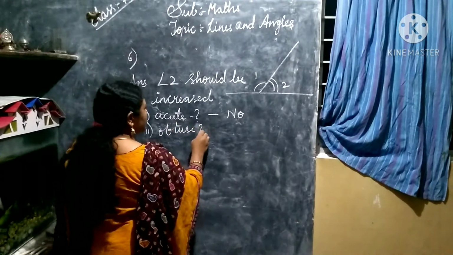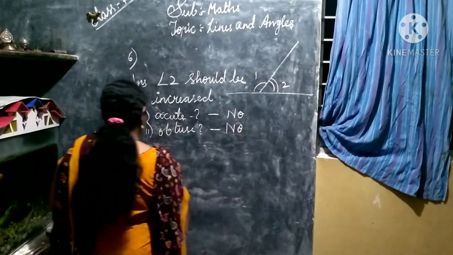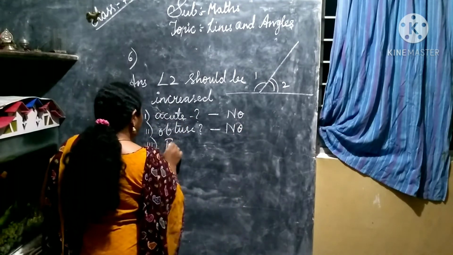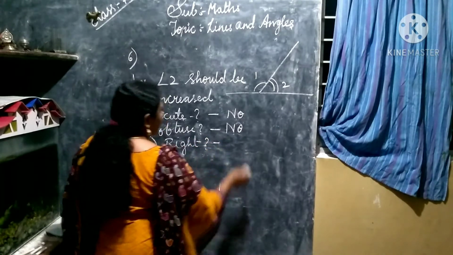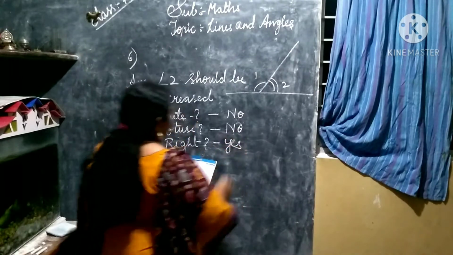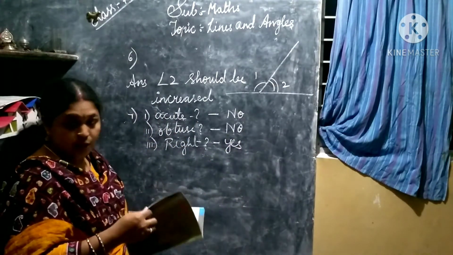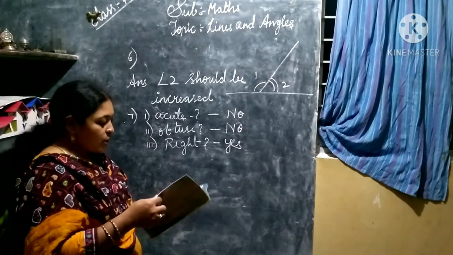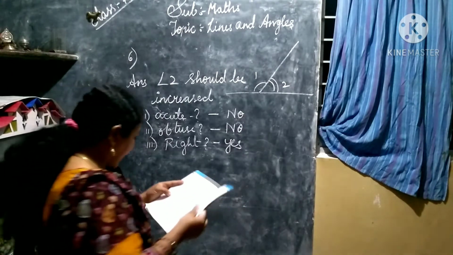If both are obtuse angles, can it be supplementary? No again. Third one, if both are right angles. If both are right angles, can it be supplementary? Yes. If both are acute it can't be, both are obtuse it can't be. So when both are right angles, then it can be supplementary.